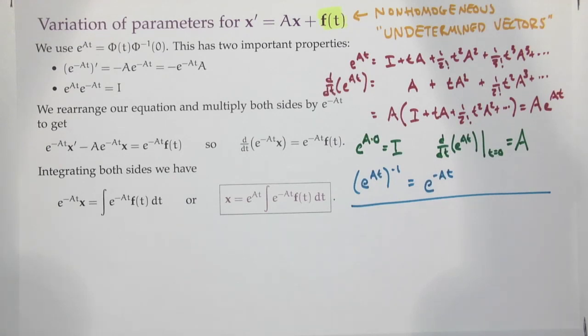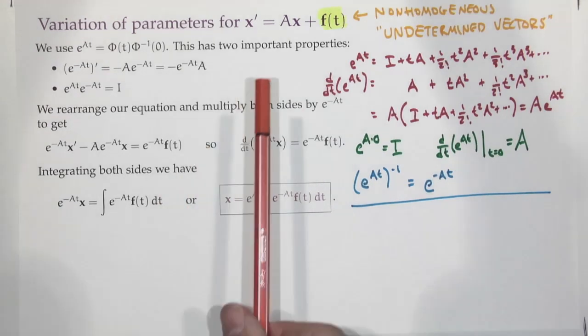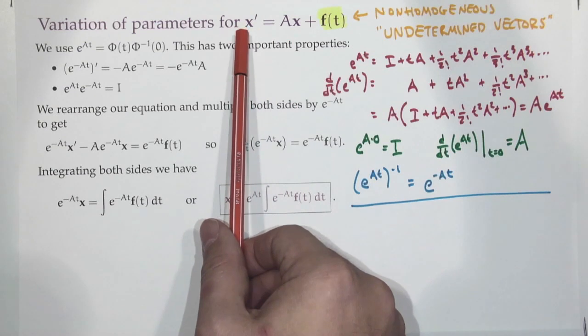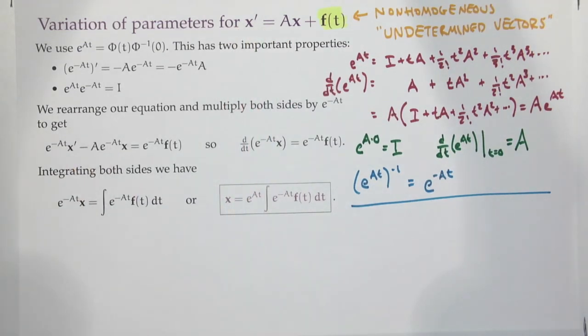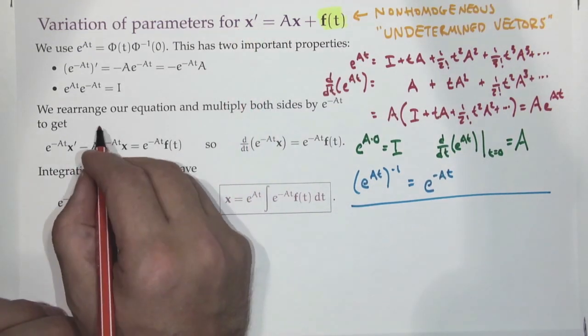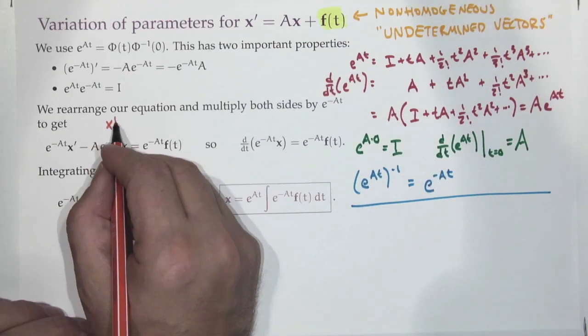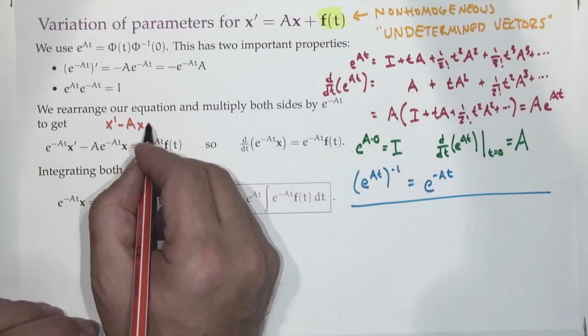We're going to go back to, I think it was the second week of our class, and ask, how did we solve a linear differential equation? Well, we said you have x prime minus Ax equals f of t. That's the starting point.